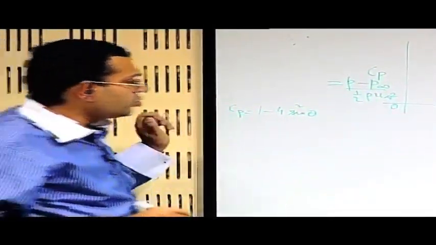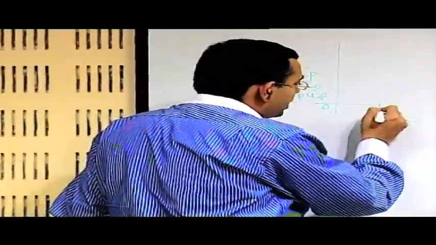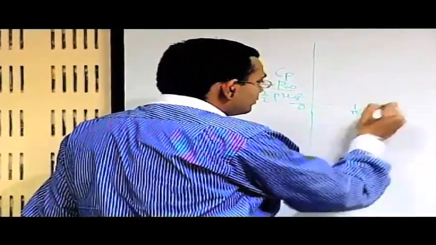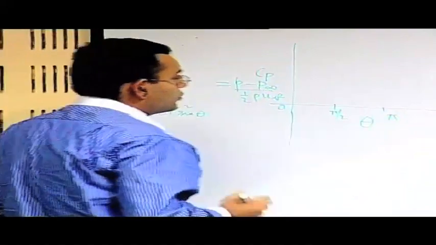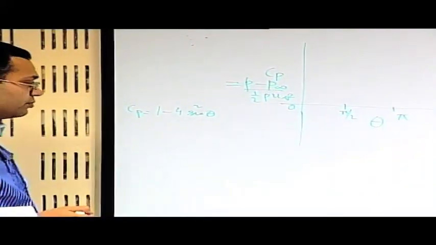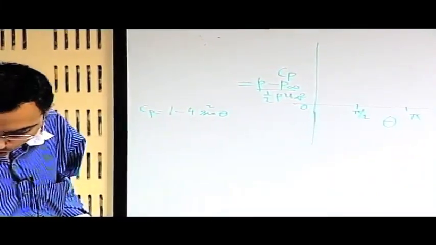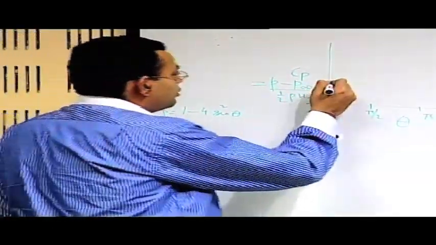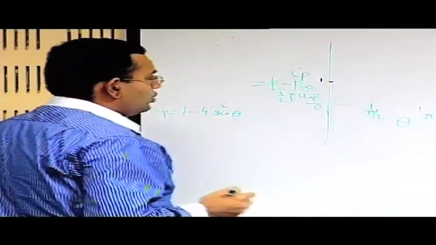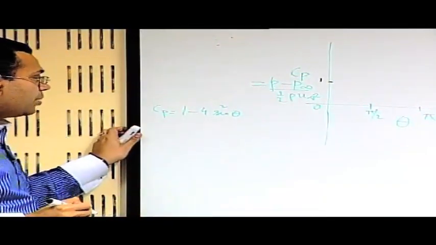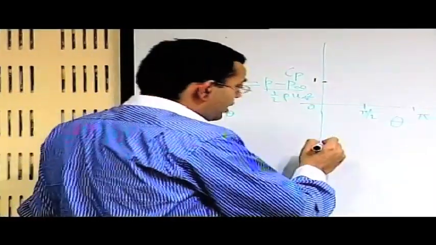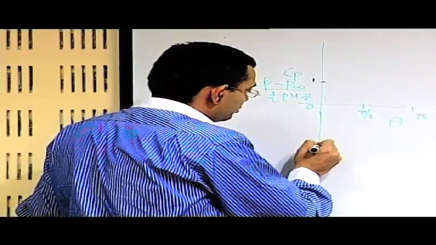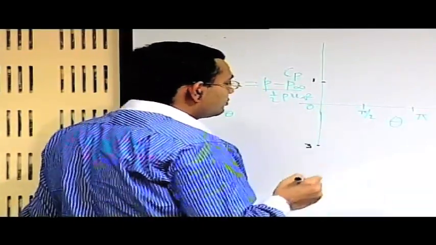So if you want to make a plot of this, say this is pi by 2 and this is pi. When theta equal to 0, this is equal to 1. So let us say this one. When theta equal to pi by 2, it is minus 3. So let us say maybe this one.